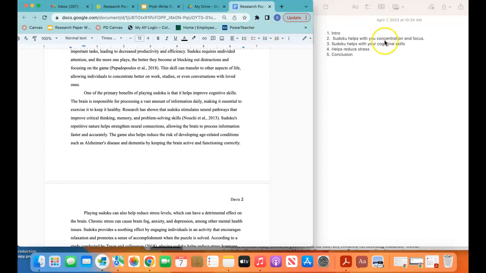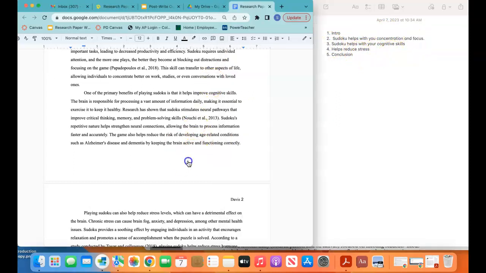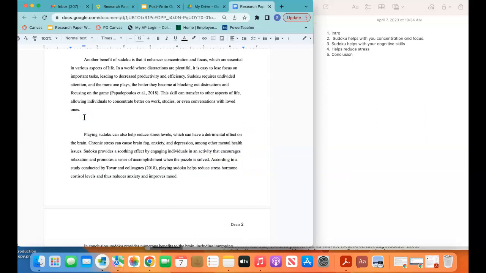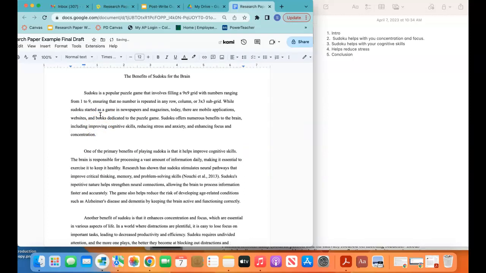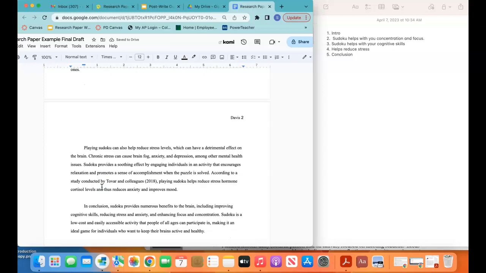I feel like these almost connect. So maybe I should put Sudoku helps with your cognitive skills first. So I'm going to take that paragraph, I'm going to push Control X and Control V, and now I have it in the order that I want.